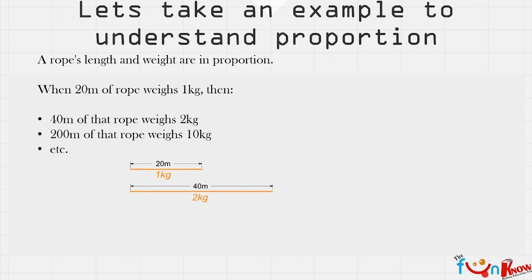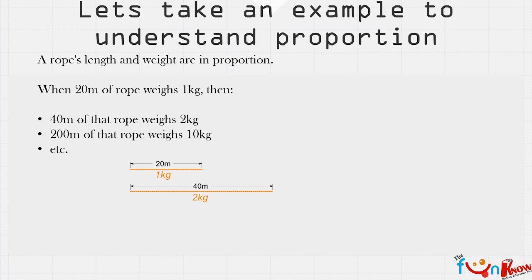How am I going to do that? See here. As per the question, for a 20-meter rope, 1 kg will be the weight. If I multiply the length by 2, that is, if I double the length, then the weight will also be double.